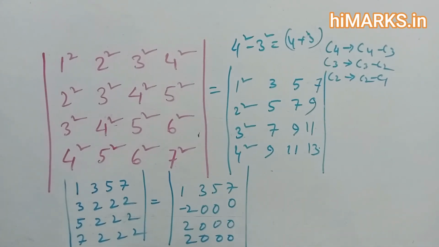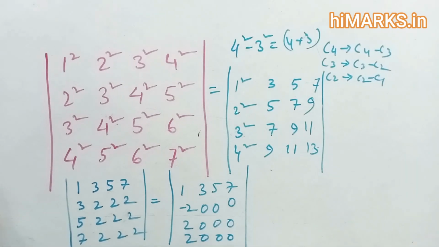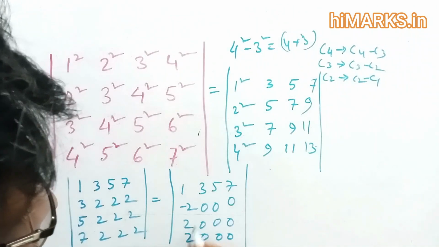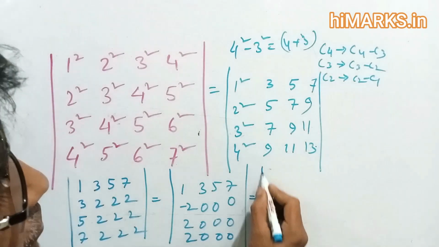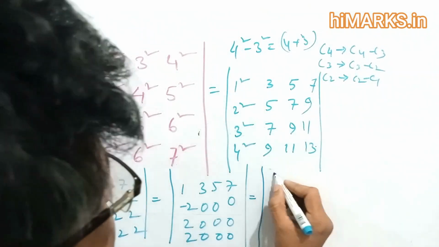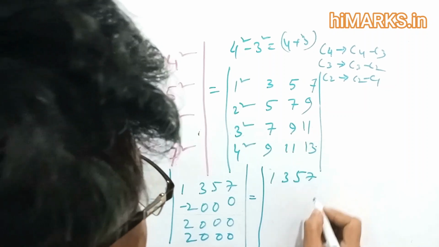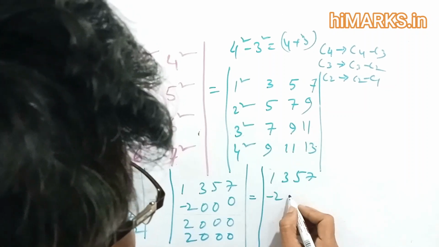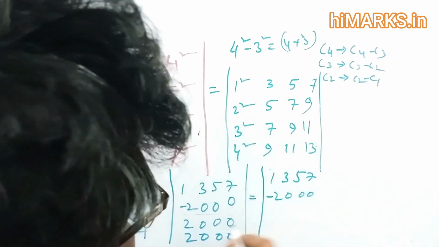I don't know if it makes any sense or not. So we'll continue the same process. I think we are almost there. Whatever happened, keep it like this: minus 2, 0, 0, 0.